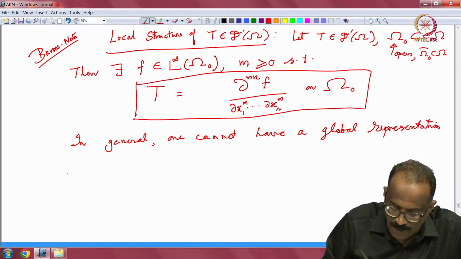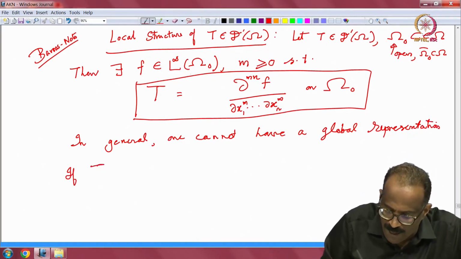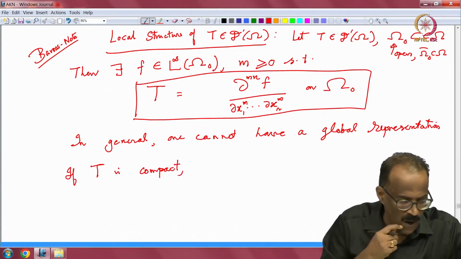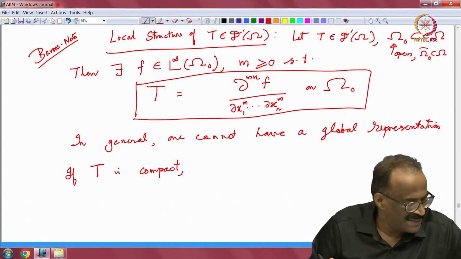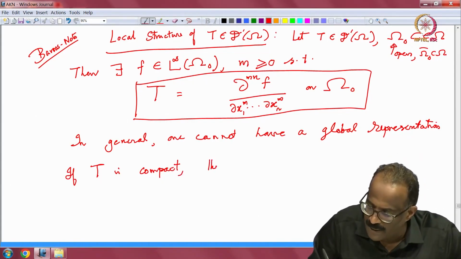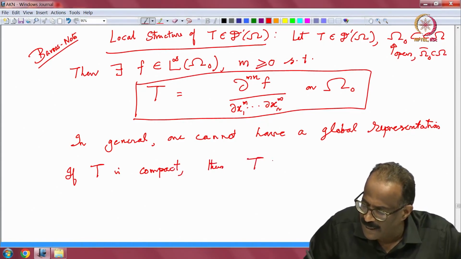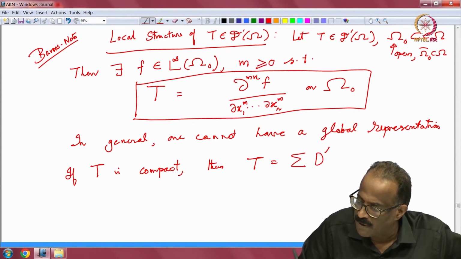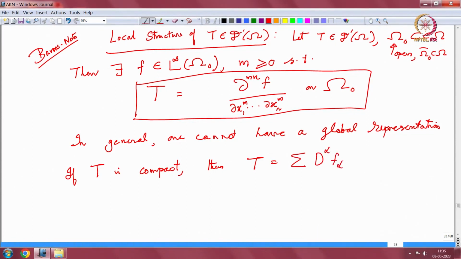But if T is compact, then T can be written as a summation of D power alpha, globally for some m, of various functions f alpha, where in omega you have that.